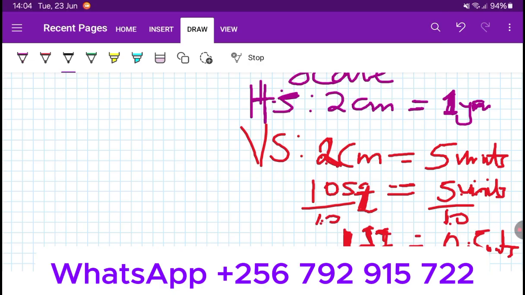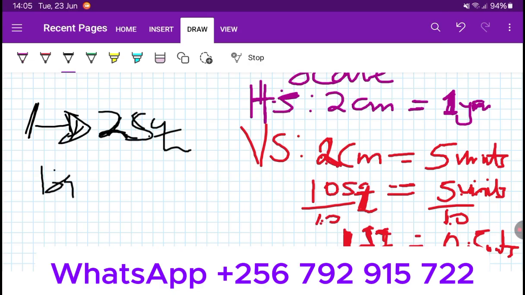Now we are saying that for you to get 1 unit, if I'm plotting 1 unit, I would use 2 small squares, because 1 small square is equivalent to 0.5 units. This is what they have told us here.